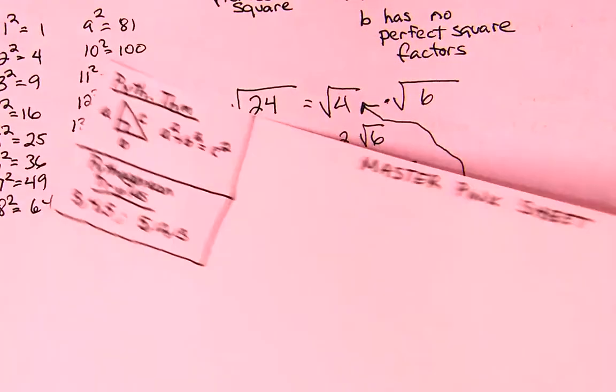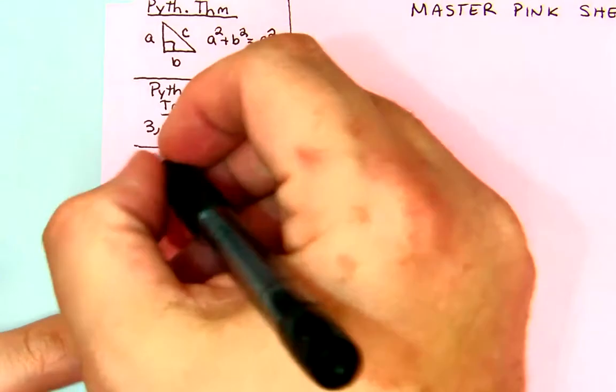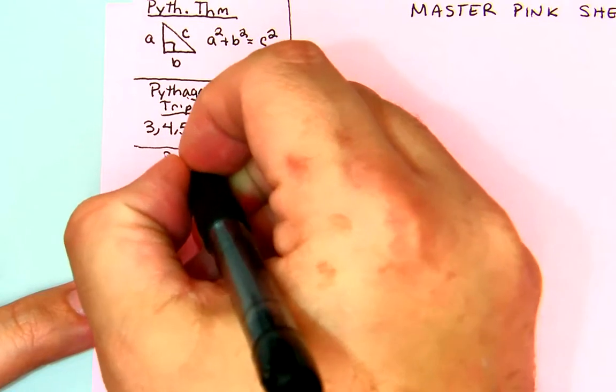So, if we go to our master sheet here, we think about perfect squares.